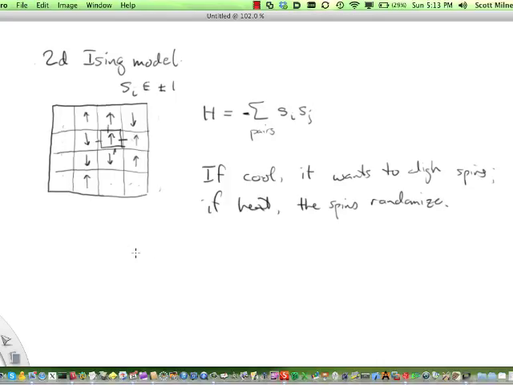So the simulation that we're going to talk about is what's called a Monte Carlo simulation. And it's the very simplest sort of Monte Carlo simulation that you can imagine to explore the ensemble of different configurations of this system.